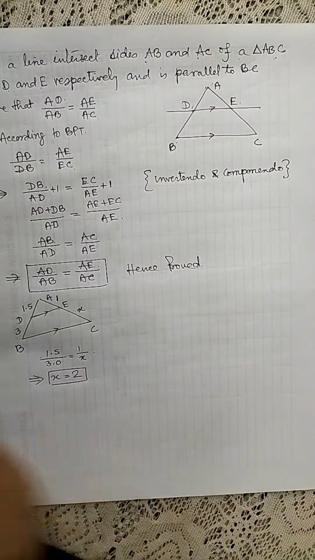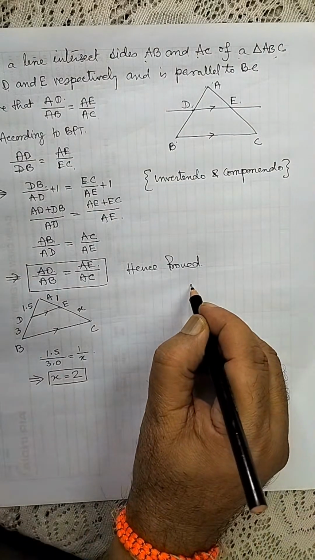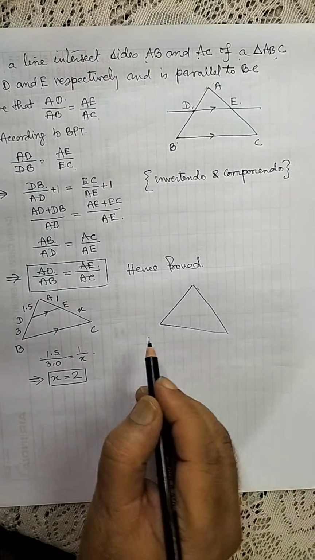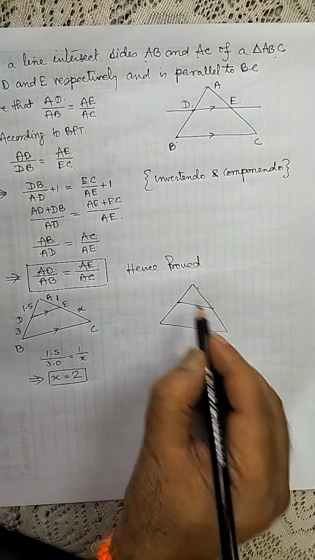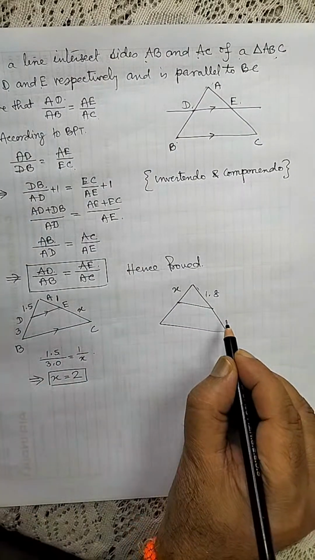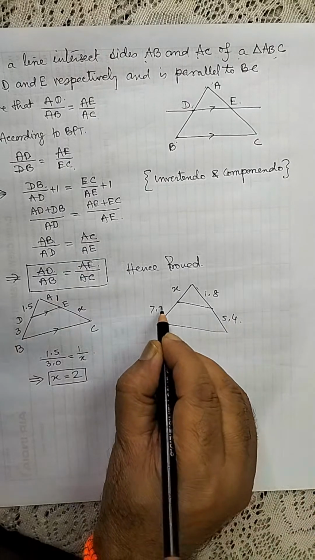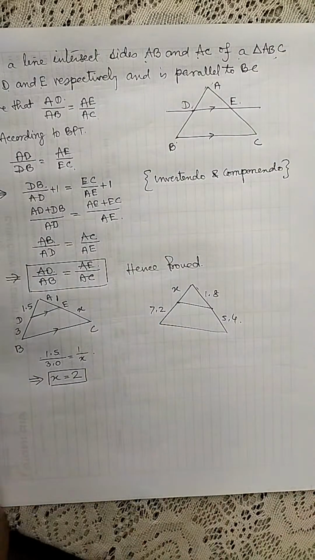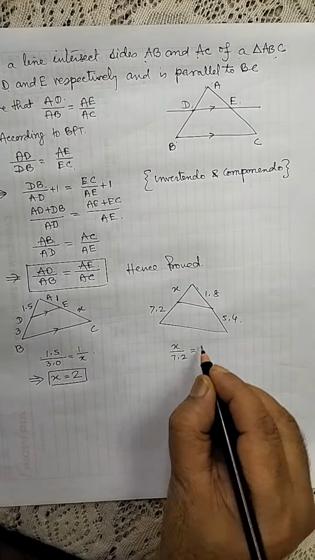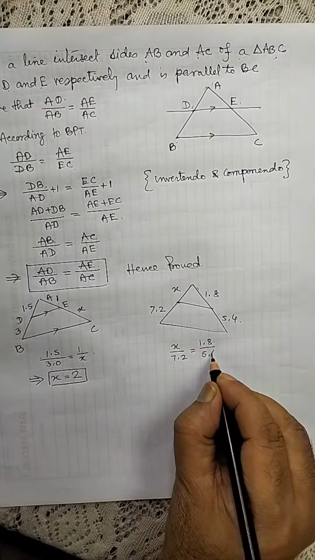Questions like this are also in your exercise. Another similar question looks good. Let me just quickly solve it. This line is parallel. This time we have to find this side. This is 1.8, this is 5.4, this is 7.2. We have to find x. So here again, x on 7.2 is equal to 1.8 upon 5.4.